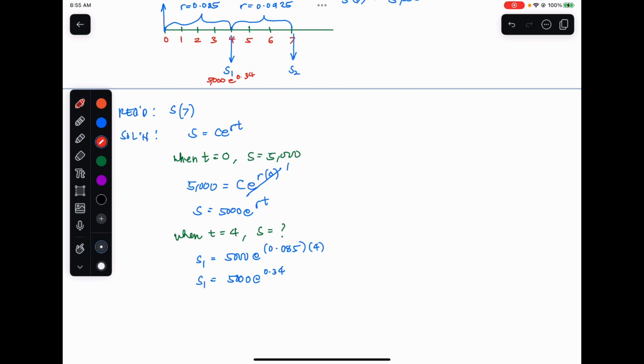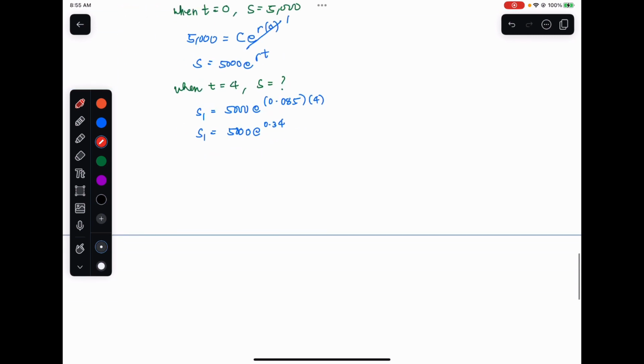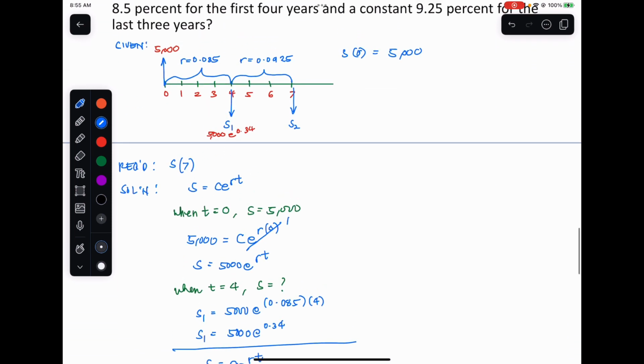Therefore, we go back to our original formula, S equals C e^(rt). This time around, the S1 will serve as our starting point, the 0 year. Then this is the first, the second, and the third. For the 7 years, that is actually equivalent to the third year of the new interest rate.